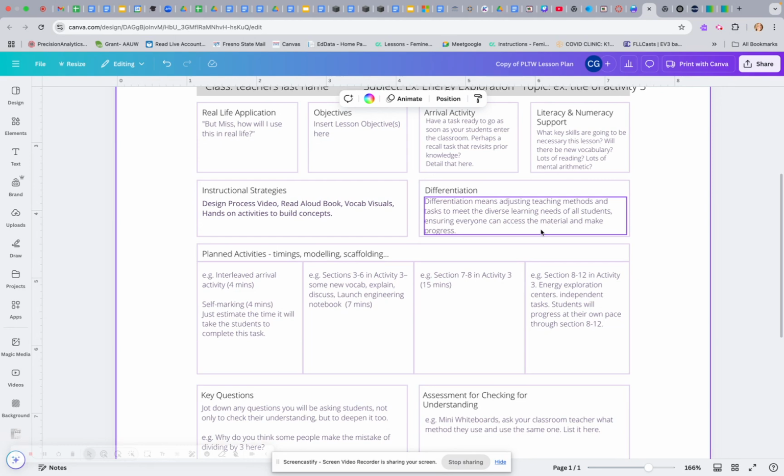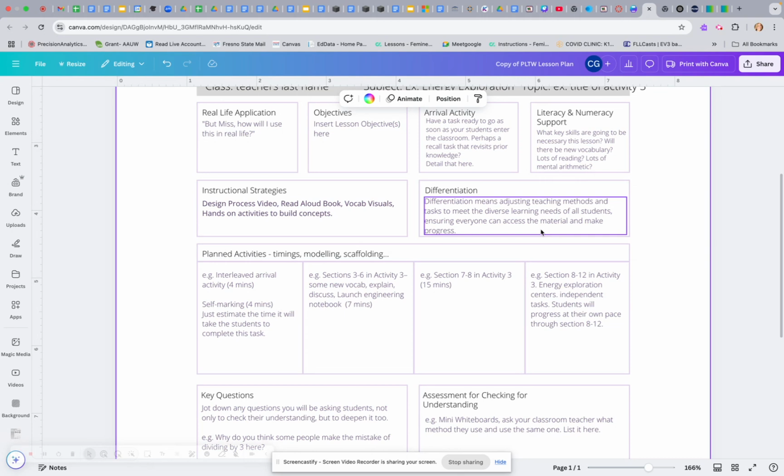So, for example, if there's text that students need to read, but they are not on grade level or they're not able to read it independently, you having them read it aloud with their peers in their groups, or if you're reading it aloud as a class, you are differentiating for them.